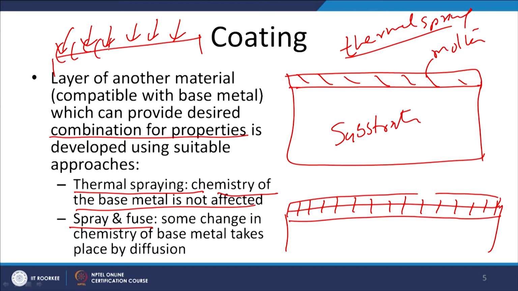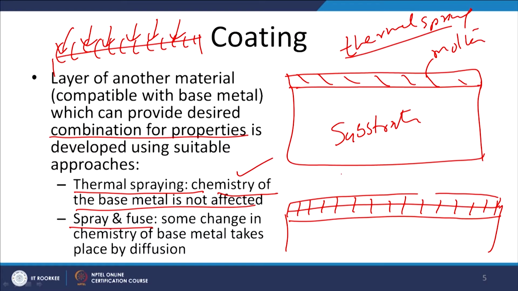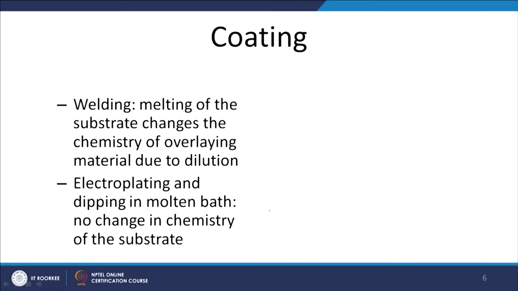So, when subsequent fusing is carried out, a little bit of diffusion of the alloying elements from the coating to the substrate is facilitated, while in case of thermal spraying like high velocity oxy-fuel spray or detonation spray, there is no change in chemical composition of the substrate or base material. So, in spray and fuse there is a greater change in chemistry of the substrate material, while in the first case, thermal spraying, the change is very negligible.